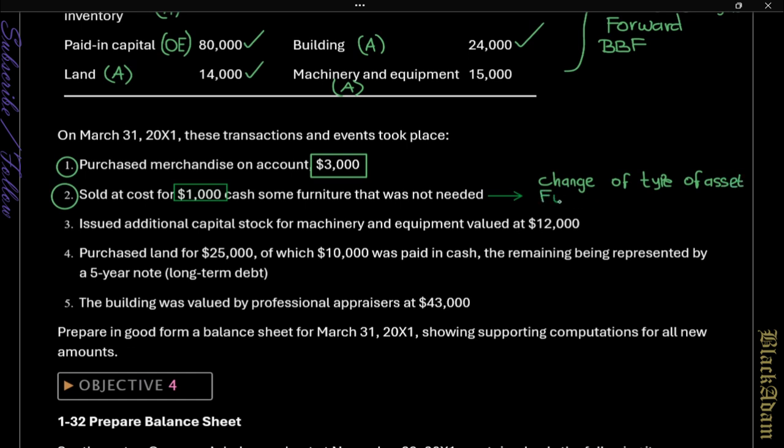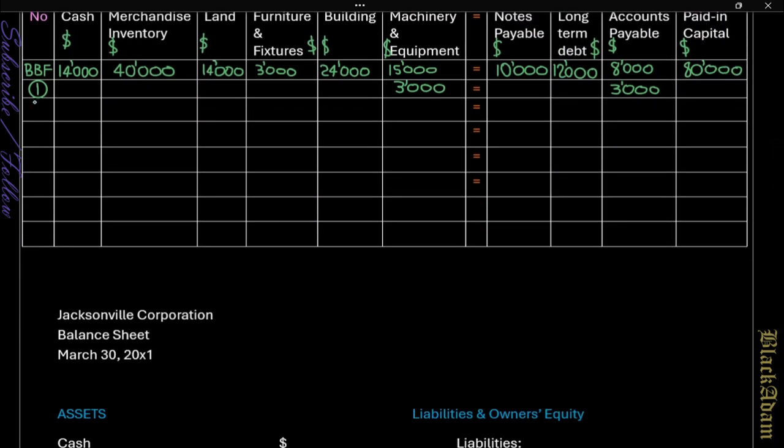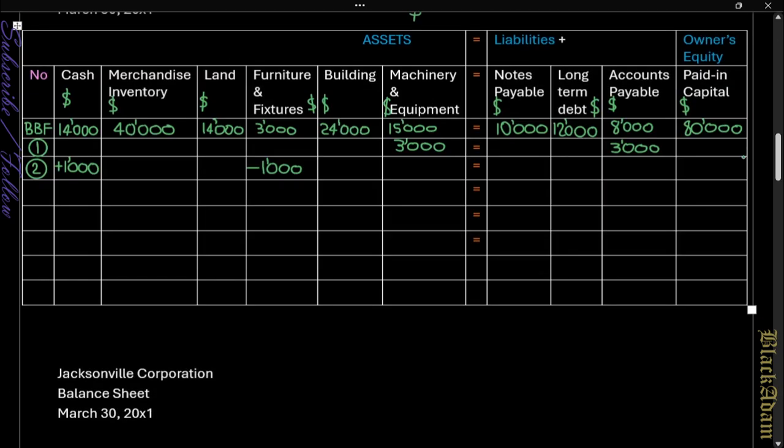The asset changed from furniture to cash. Furniture is an asset and cash is an asset. So we lost the furniture, but we got the cash at the same value. So our second transaction will be that under furniture and fixtures we have lost negative 1,000, but we also gained cash for the furniture that we lost. So nothing was really lost, we just changed the asset.